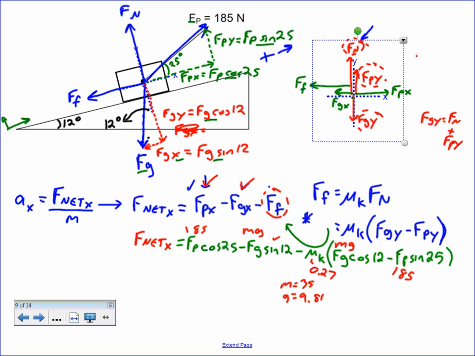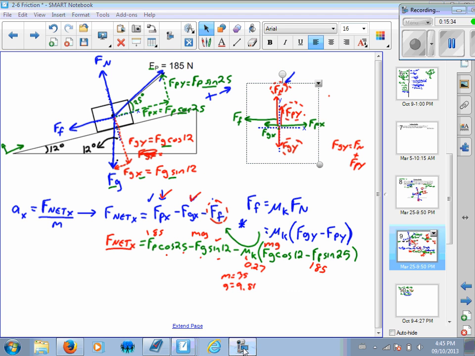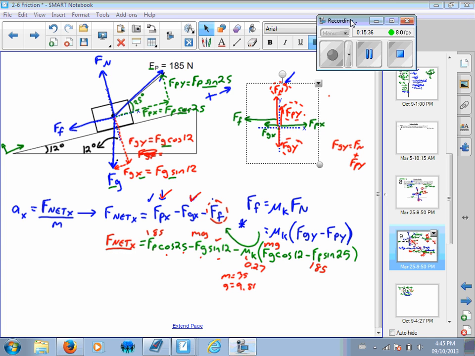We have an equation where F net x is what we need to know, and we know the values of everything on the right side of this equation. So at this point, you plug in the numbers, pause the video, plug in the numbers, and we will see if we come out to the same thing. I'm going to pause it while I do the calculation.